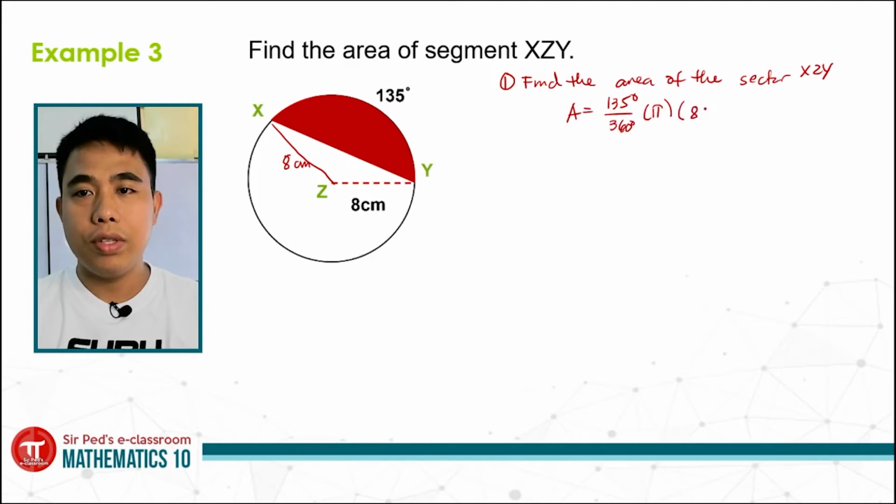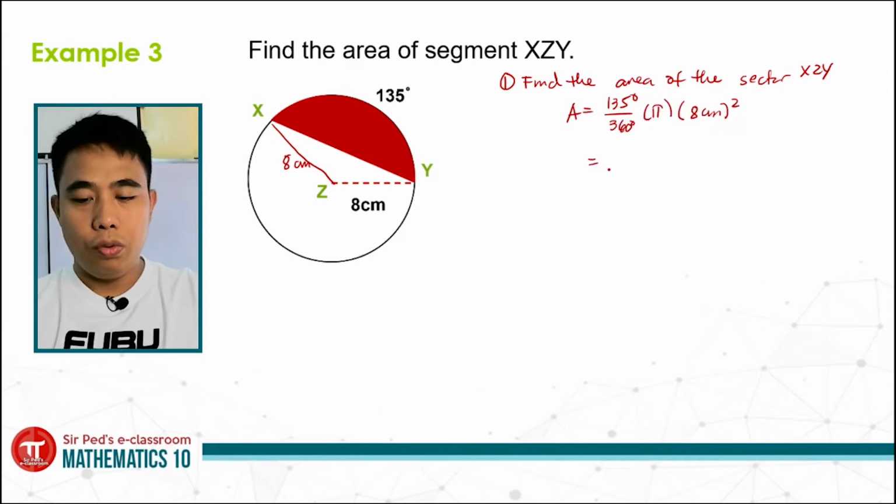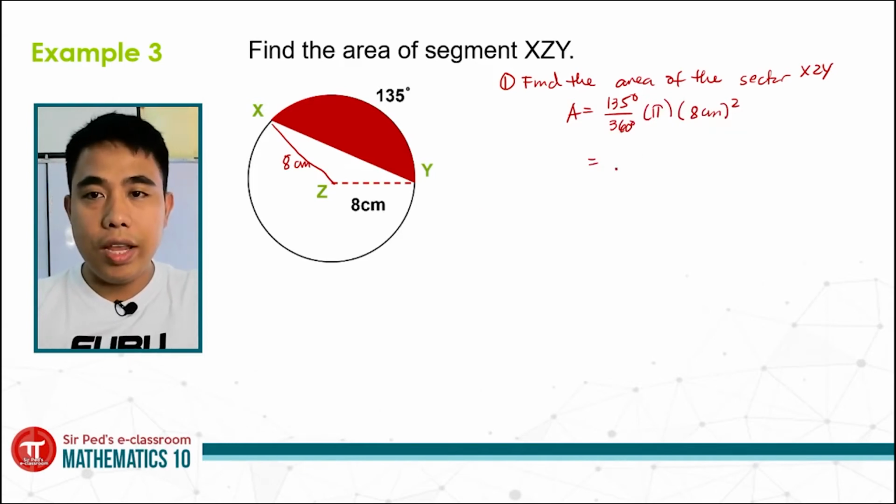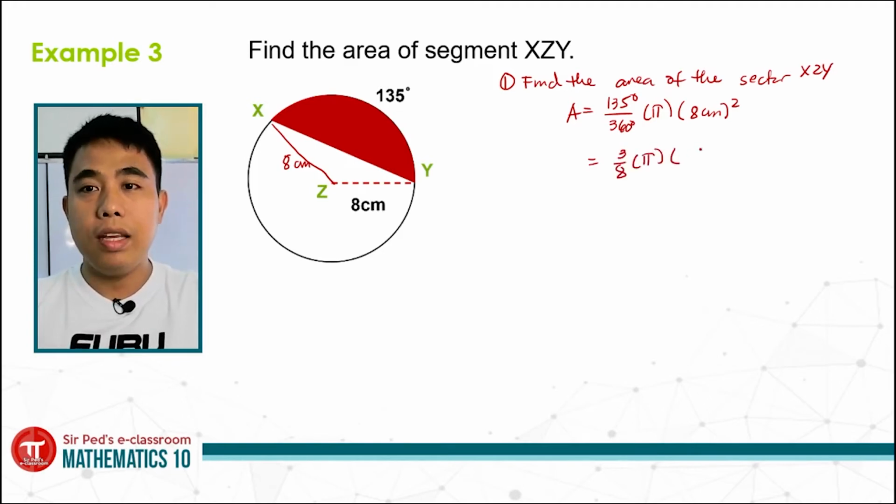centimeters squared. So 135 over 360, that is 3/8, times pi times 8 squared is 64 square centimeters.